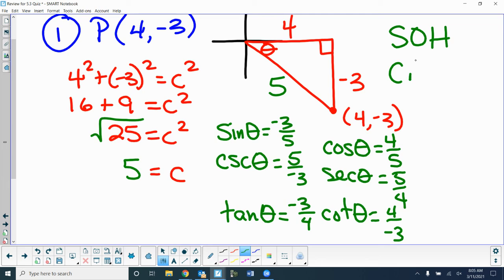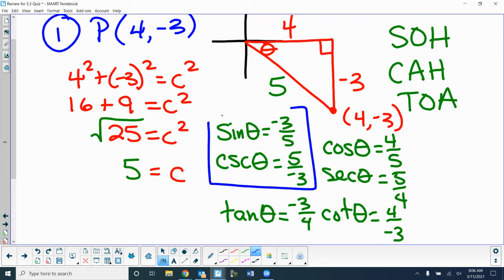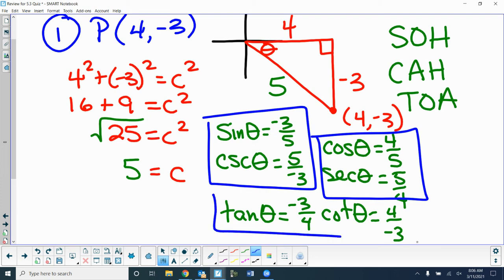For cosine, that's adjacent, 4 over hypotenuse, 5. Tangent, TOA, is opposite over adjacent. And then of these, we just flip them. That's what I was looking for, the one that flipped. Right, so these 2 go together, and then these 2, and these 2.